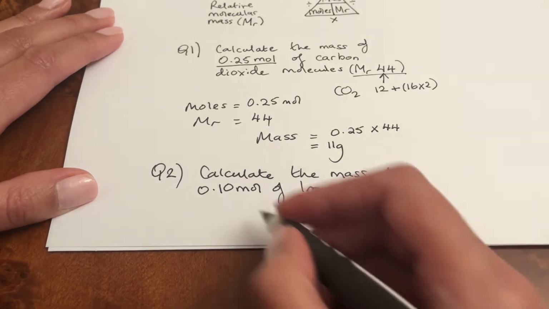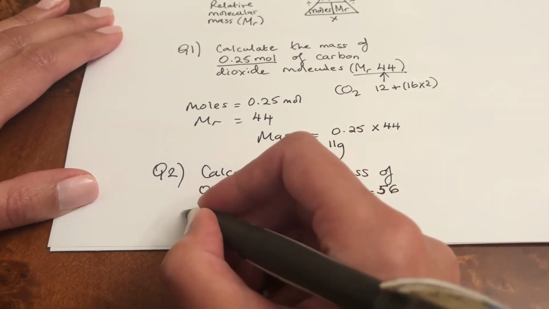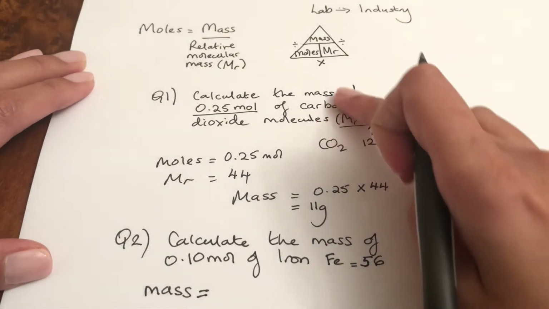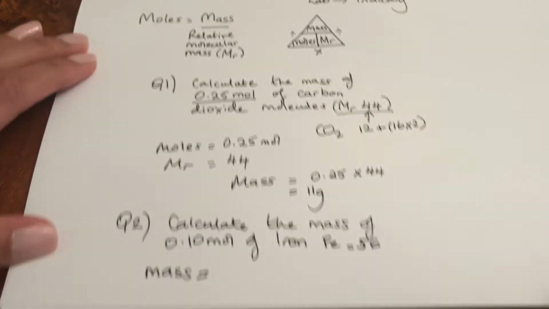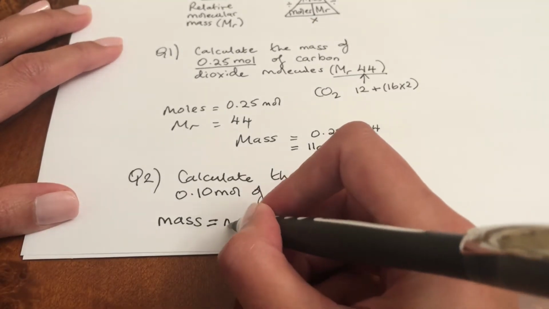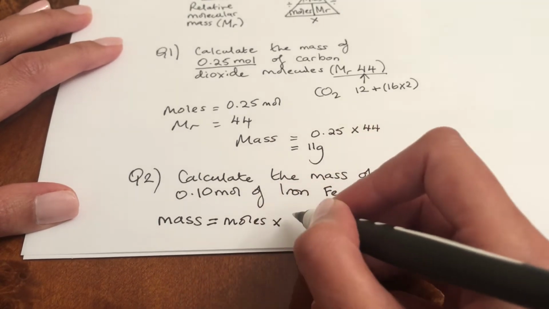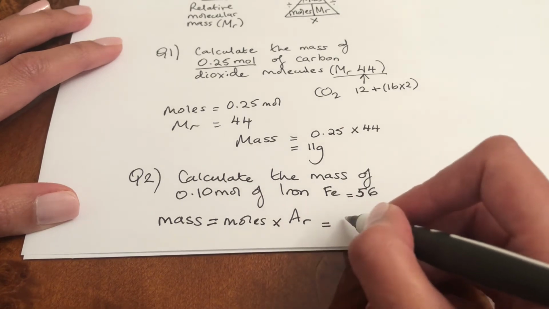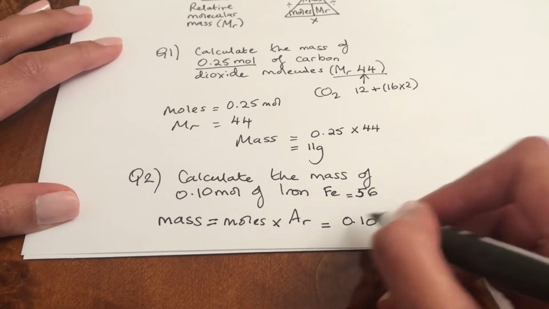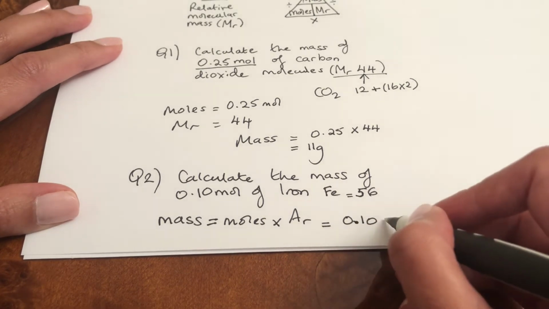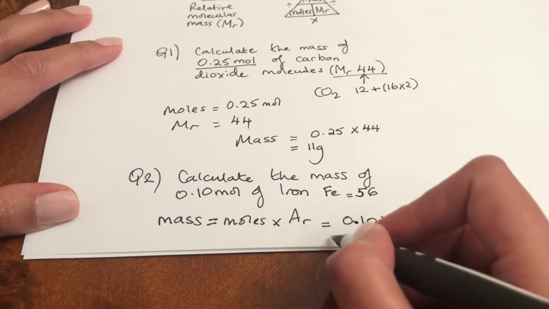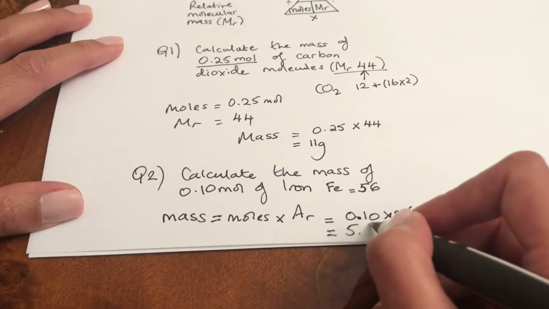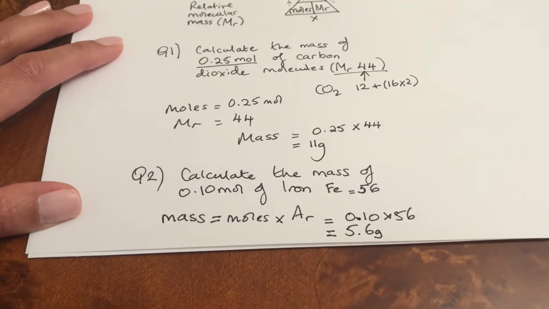All right, so we are now going to just write out our equation really quickly. Mass, here we are, remember our triangle, moles times not the MR, it's going to be the AR, okay? Times the AR, and let's write it here, 0.10 multiplied by 56, and because we are working out the mass, the answer will also be in grams. There we go. Easy peasy lemon squeezy.